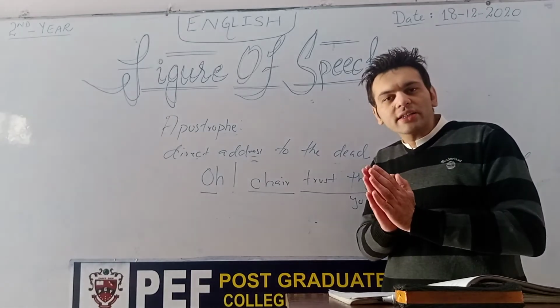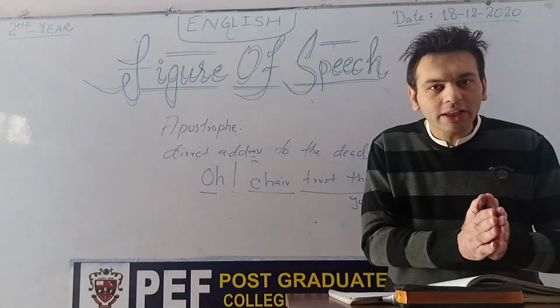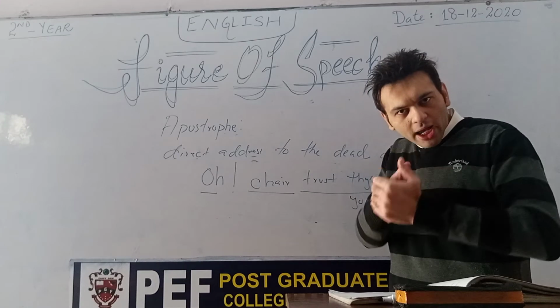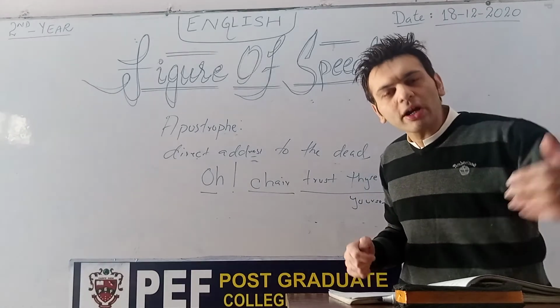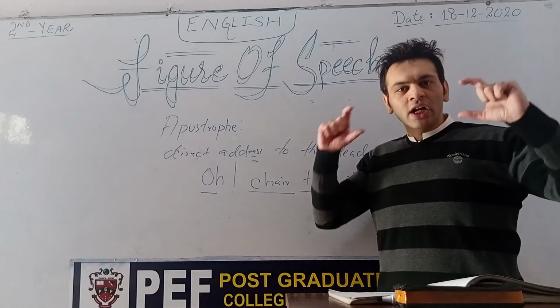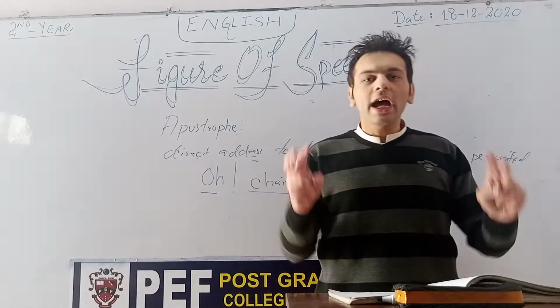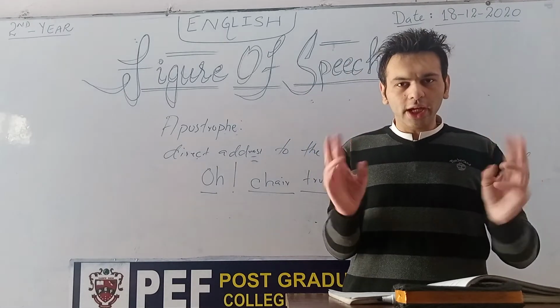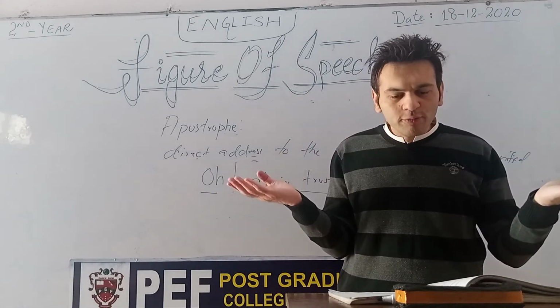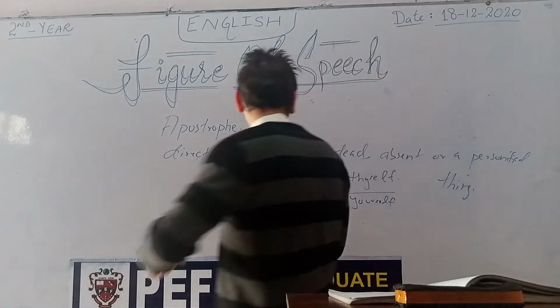So literary device का क्या मतलब है? Literary device का मतलब है कि मैं ये device इस्तेमाल करता हूँ एक खास किस्म का effect हासिल करने के लिए. लिटरेचर में क्या होता है कि हमारे पास दो मतलब होते हैं. एक होता है surface meaning, एक होता है deep meaning.